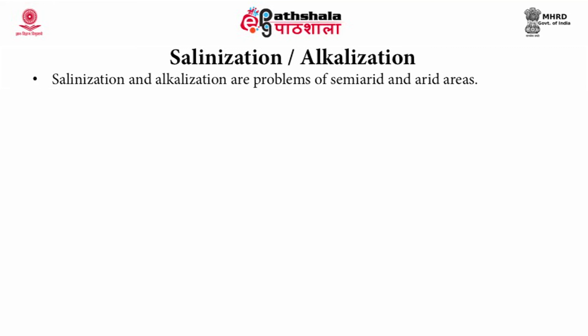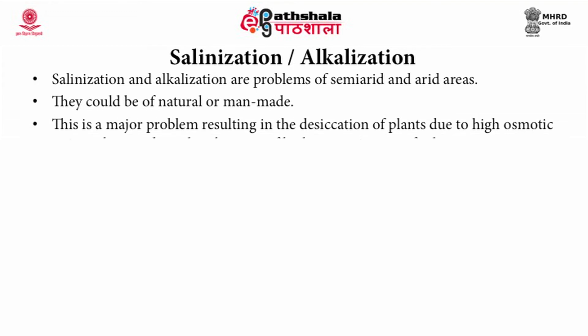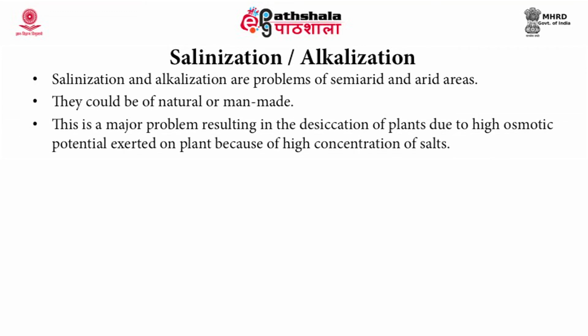The next one is salinization or alkalization. These problems generally occur in semi-arid and arid areas and could be both natural or man-made. It's a major problem resulting in the desiccation of plants due to high osmotic potential exerted on plants because of the presence of high concentration of salts.